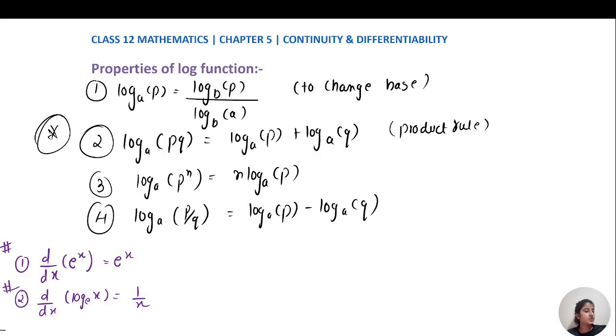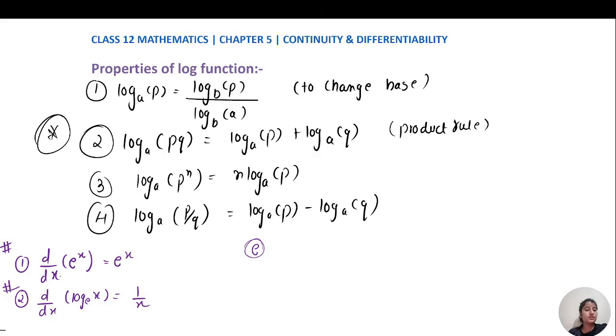The derivative of the exponential is the exponential itself, that is e raised to x, and the derivative of log x. Here e is just representing the base e, which is like a notation. It's a notation, just like pi also takes a value, but its value is not a fixed quantity. It's non-terminating. That's why we name it e.